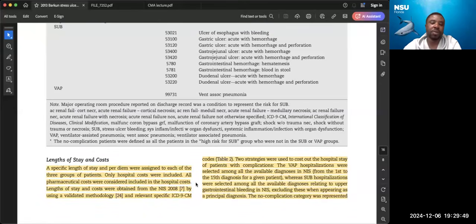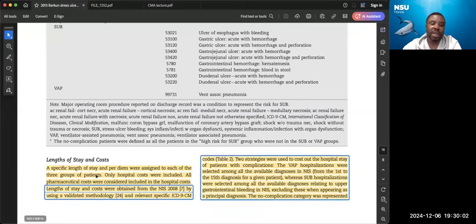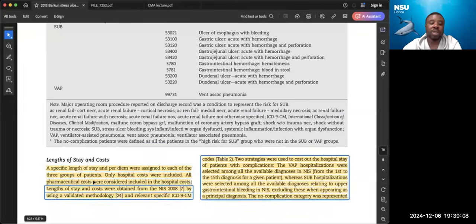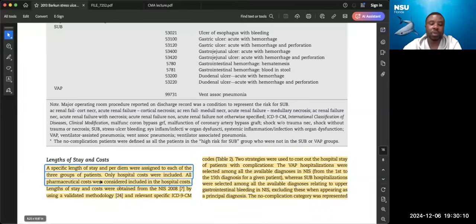We have about 4 types of costs: the direct medical, direct non-medical, indirect, and the intangible. The hospital cost is a type of direct medical cost. Also, the pharmaceutical cost is a type of direct medical cost.